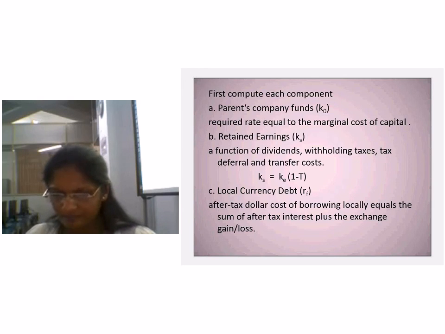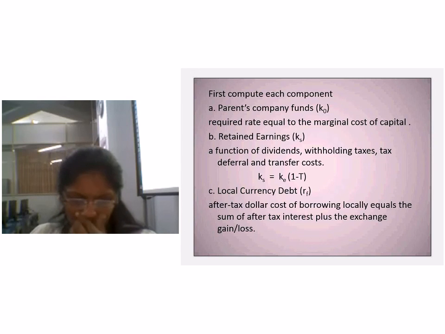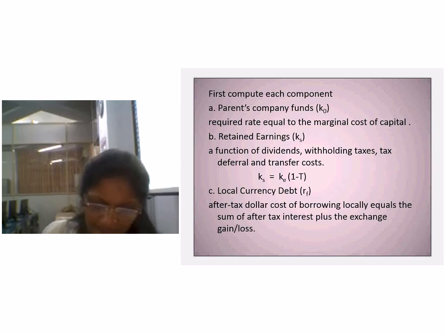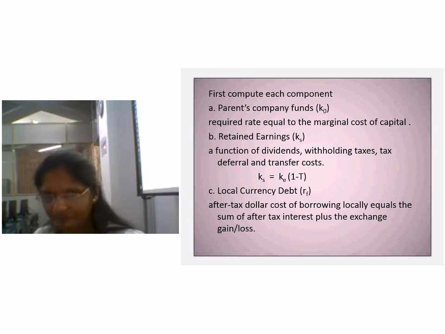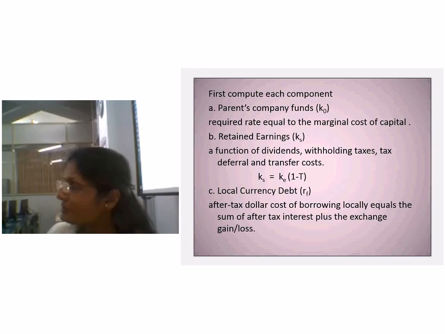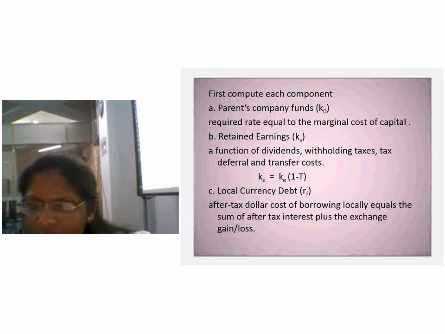Local currency debt, that is the debt capital, the borrowings by the subsidiary. After tax dollar cost of borrowing locally equals the sum of after tax interest plus the exchange gain or loss. Why is that? We have to consider the exchange rate gain or loss on the local currency borrowings, right?